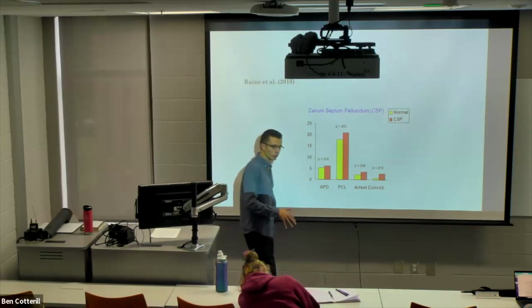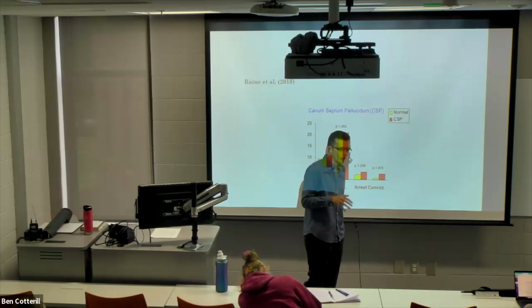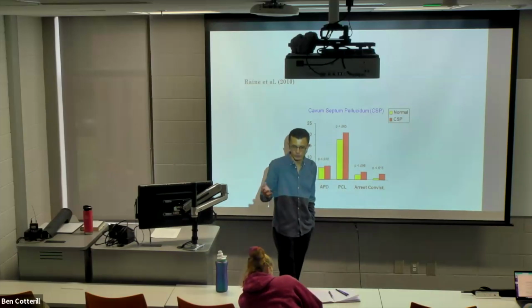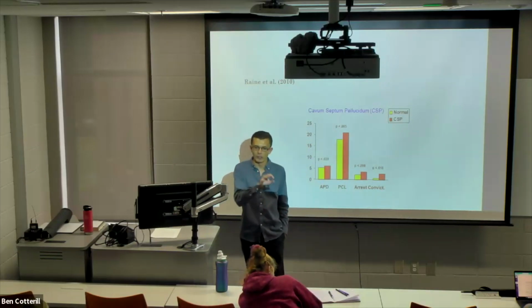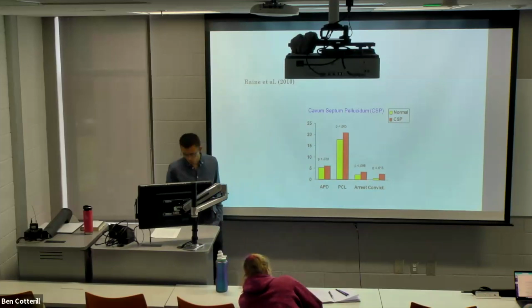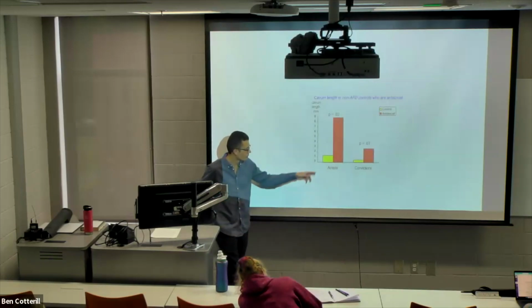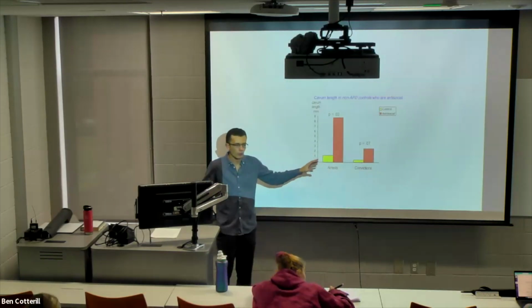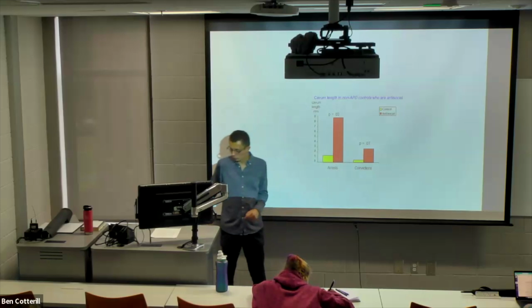Now, earlier in this course, I told you that if there is a genuine connection between two variables, we should be able to see that connection from either side. And we can do that with cavum septum pellucidum, because we can look for degrees of cavum septum pellucidum in comparison to antisocials versus controls.